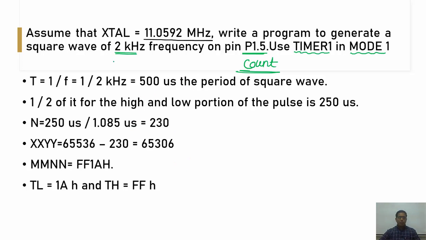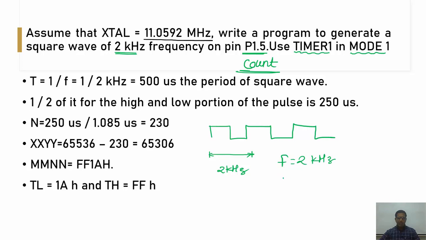Now one thing is clear. What we have to do is simple. We are supposed to generate a square wave. This square wave possesses a frequency of 2 kHz. So the time required: T is equal to 1 upon F, where F is 2 kHz, that is 1 upon 2 kHz.